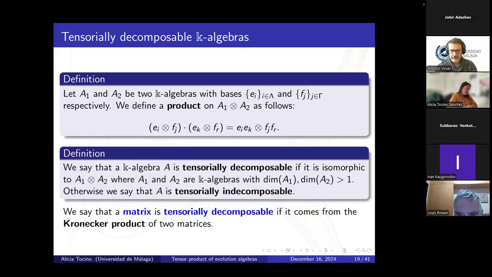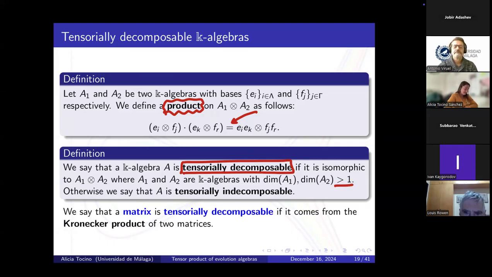We are going to define a product on the tensor product to construct an algebra, and the product is defined in a natural way: we multiply component by component. We say that an algebra is tensorially decomposable, which is what we want, if it is isomorphic to the tensor product of two algebras with dimension greater than 1.